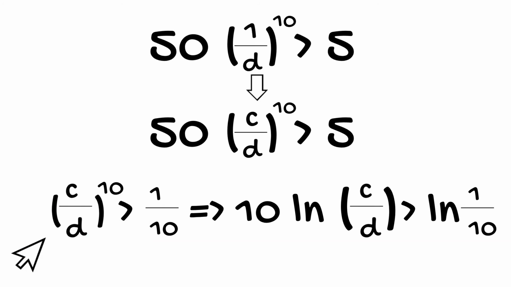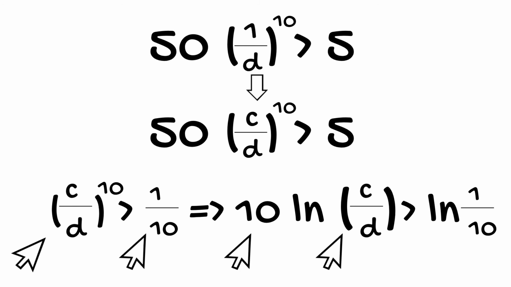So basically, I take the logarithm of this side to be greater than the logarithm of this side, and then there's a rule with logarithms that I can bring down the exponent in front of the logarithm to get something like this.